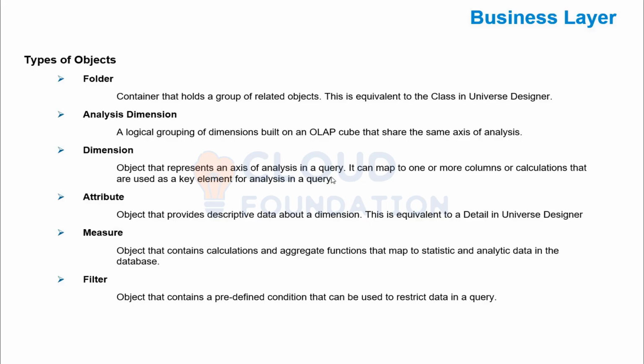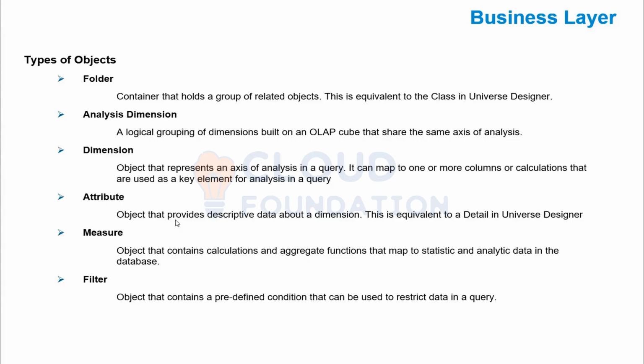If you are analyzing sales revenue, we need to have some perspective: are we doing a region-wise sales analysis or a product-wise sales analysis? Here region and product come under dimensions and sales is a measure. An object that contains calculation and aggregate functions that map to statistical and analytic data in the database is a measure.